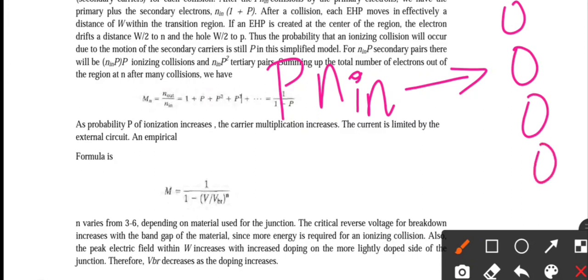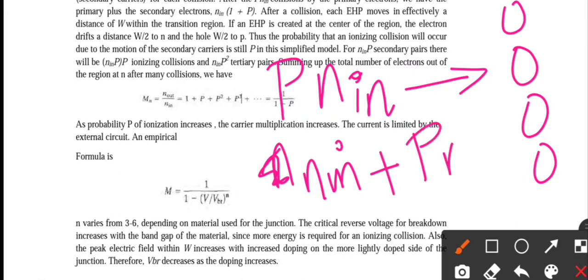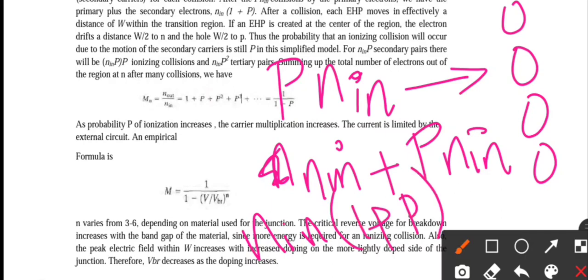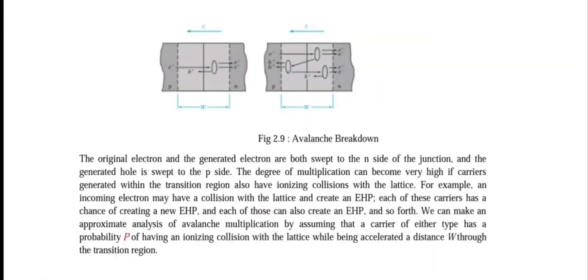So how many electrons will be there after this primary collision? The initial n_in will be there, plus P times n_in. So we can write it as n_in times (1 plus P). That can be seen here.